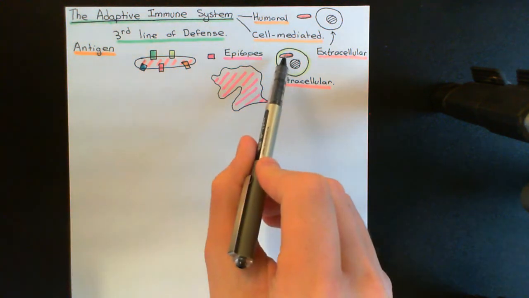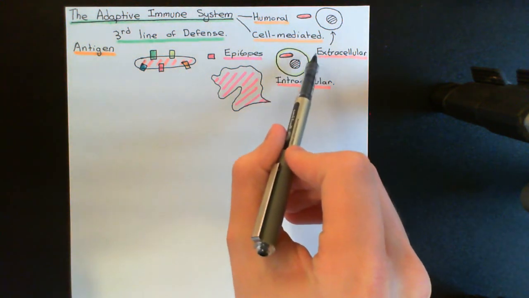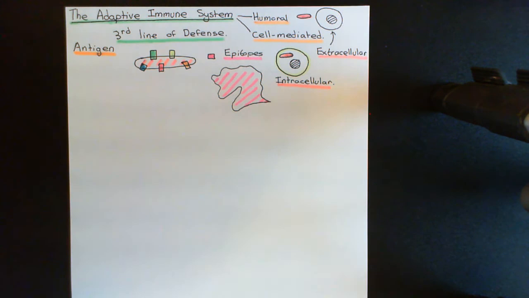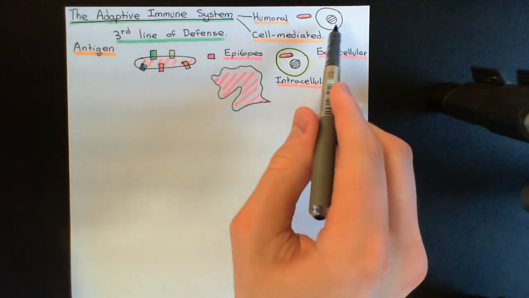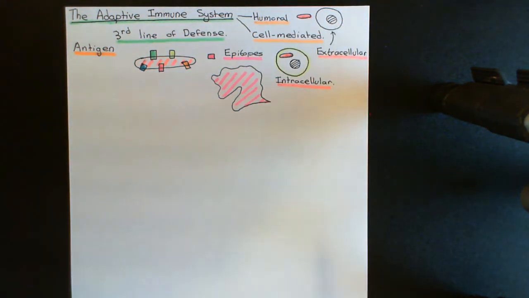Even the intracellular pathogens generally have to go extracellular for a while to get from cell to cell, via the tissue fluid. Occasionally there's a way that they can get from one cell to another without going through the extracellular fluid, but usually they do have to be extracellular for some time, and whilst they are extracellular, they are targetable by a humoral adaptive immune response, and therefore they will get humoral adaptive immune responses initiated against them.